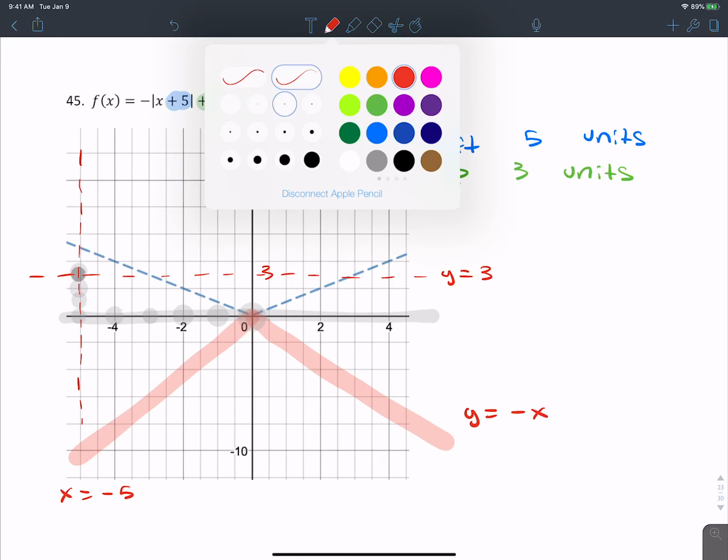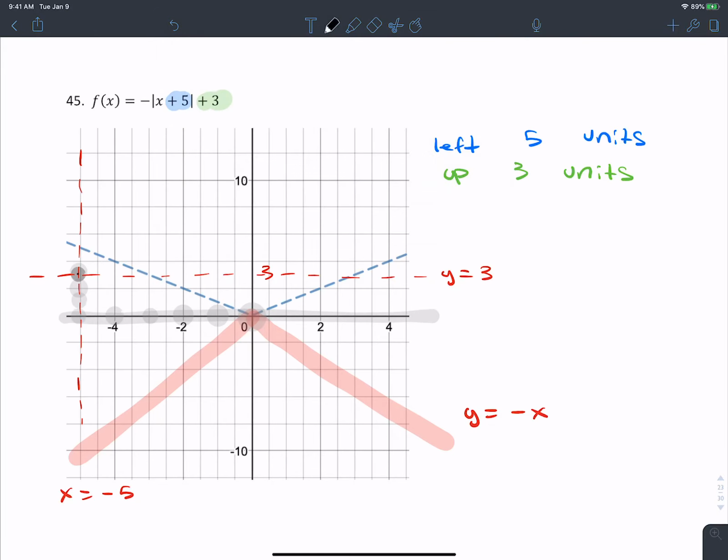So from this new origin, I simply draw my inverted V, if you will. Now this address for this new vertex, and it's not really a vertex, is really -5, 3, because I moved this point to the left 5 units and up 3. Left 5, up 3.